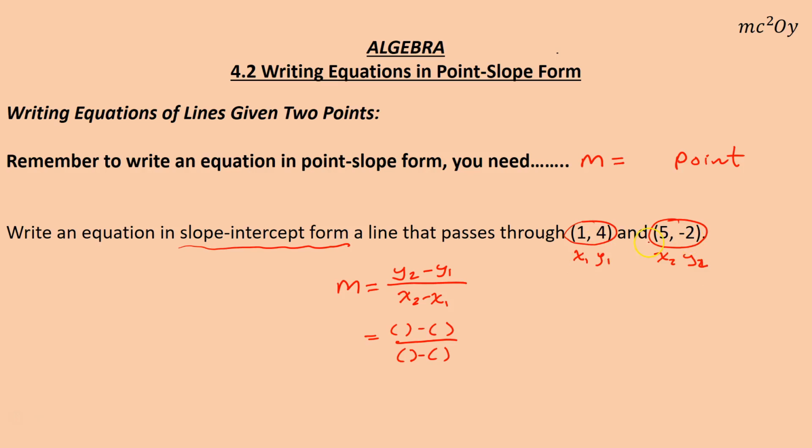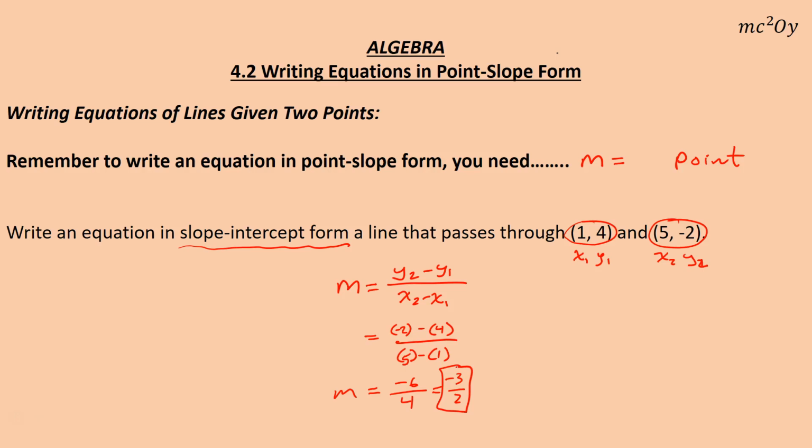When I do this, I get -2 and 5 and 4 and 1. That ends up, let me just keep working down here, -6 over 4, which can reduce to -3 over 2. So that is our slope, -3/2.